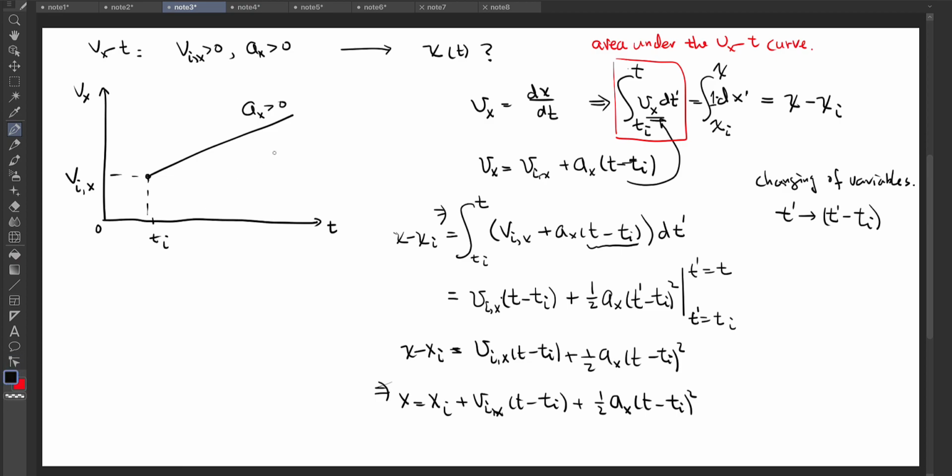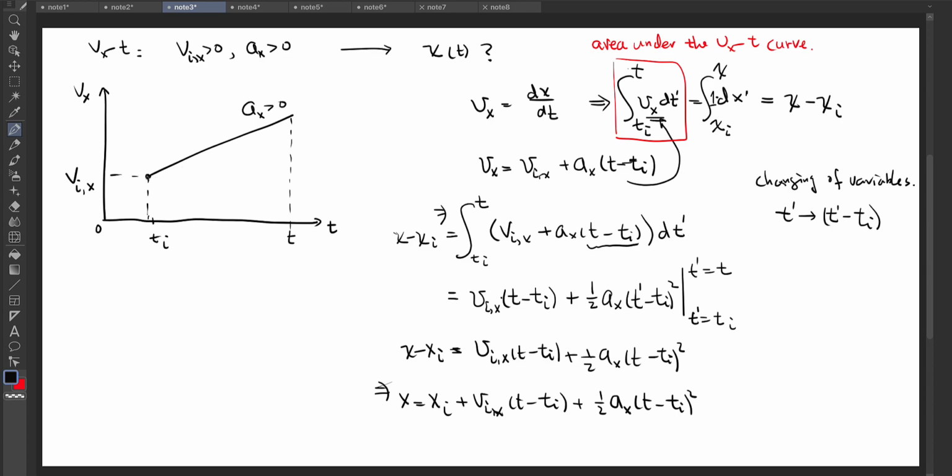I'm going to put the upper bound here. That will be t, some arbitrary t greater than ti, and then that integral will be this area.